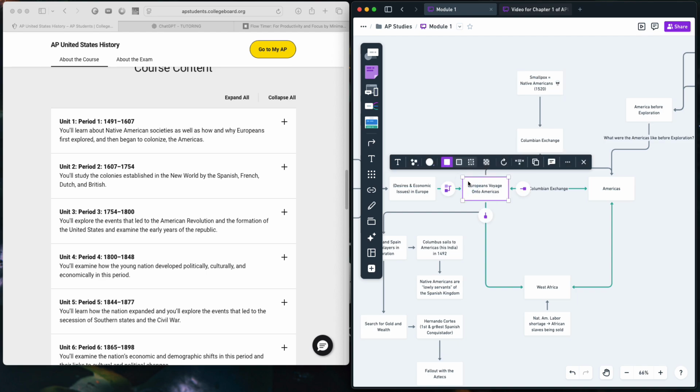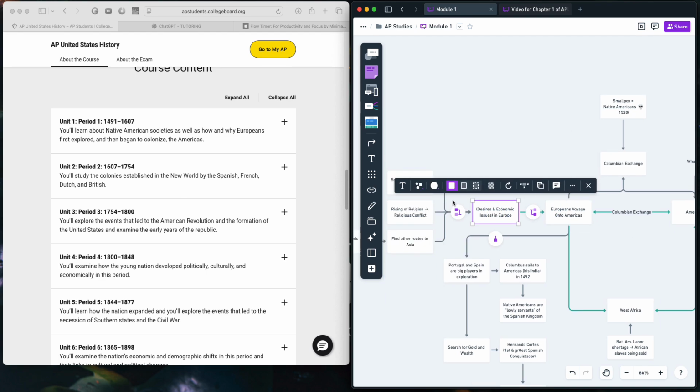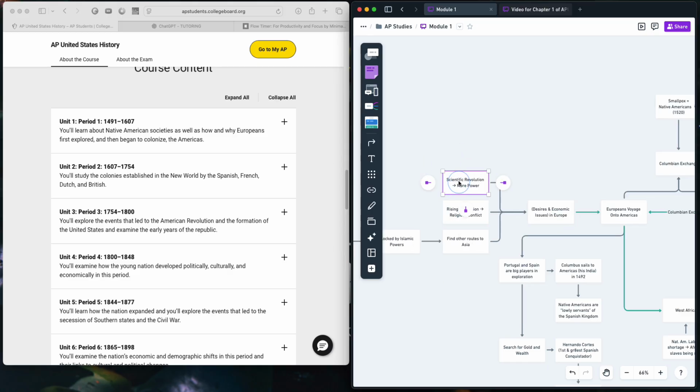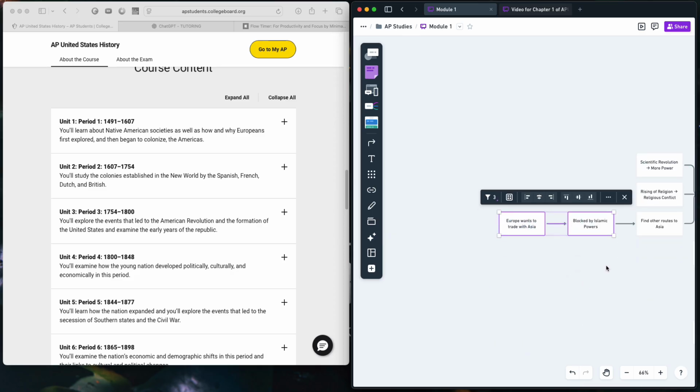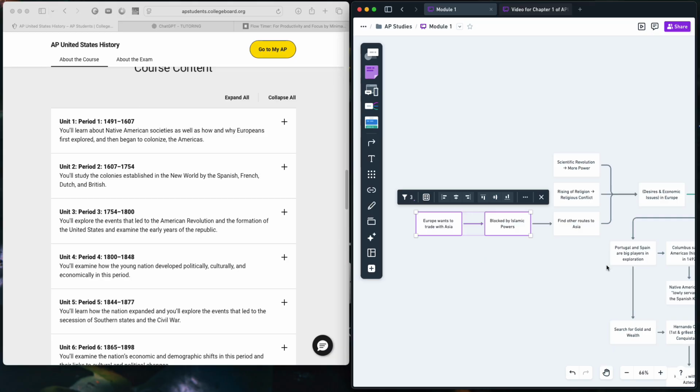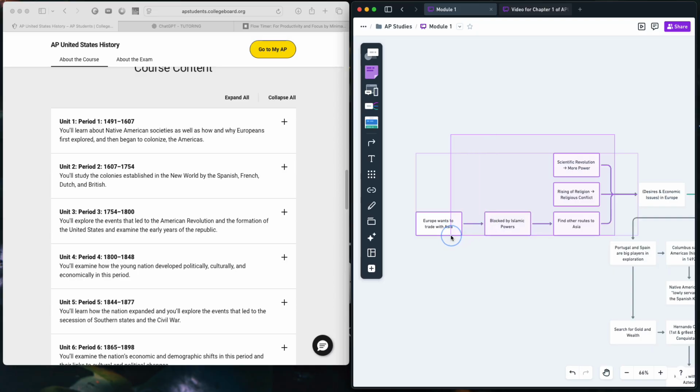We know that Europe wanted to voyage. Why did they do this? Because they had some desires, specifically religious and scientific, and geographical, I guess you could say. Desires to look outwards, and also some conflicts with not being able to trade from Europe straight to Asia because they were blocked by Islamic power. So I should be able to derive this set of concepts from there.